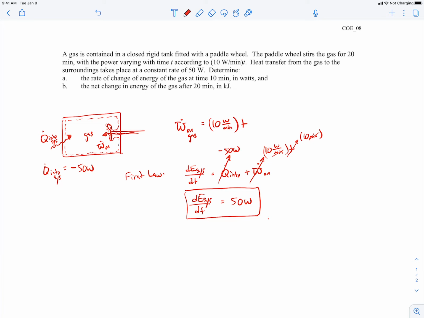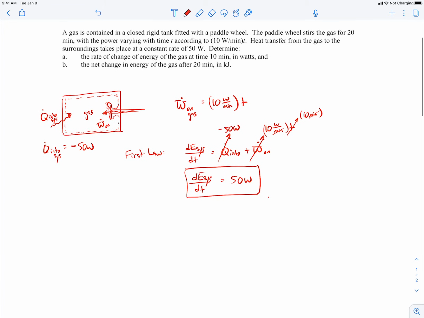So that's part A. Now part B, we're asked to find the net change in energy of the gas after 20 minutes. So that form of the first law will look like this. We're trying to find the change in energy of the system. So what we want to do is determine the total energy added via heat transfer plus the total work done on the system.